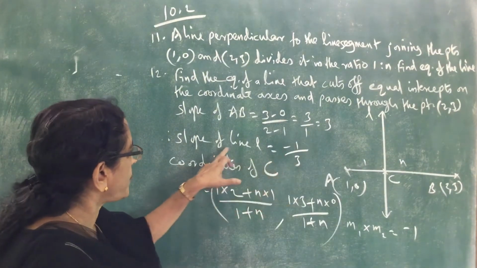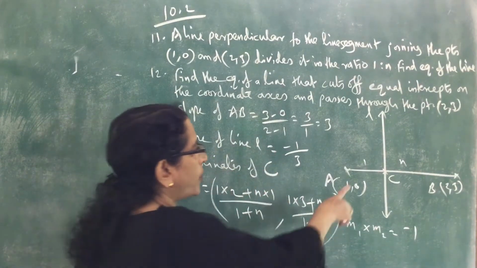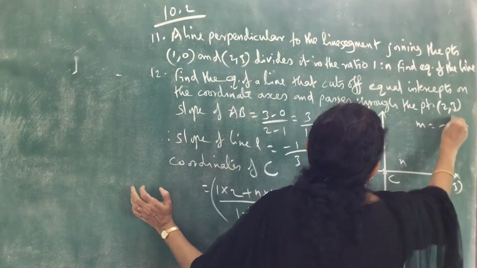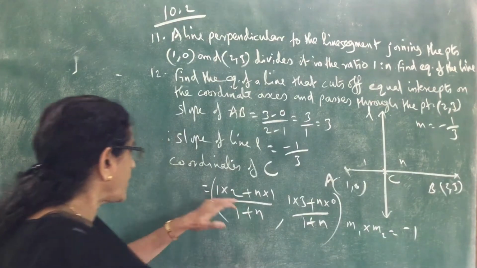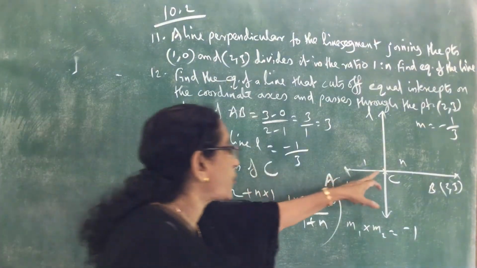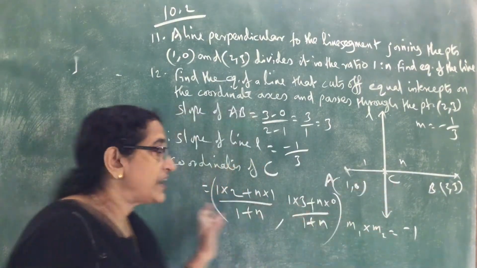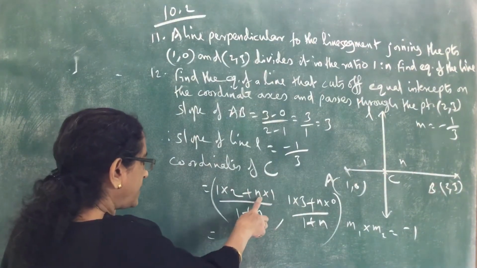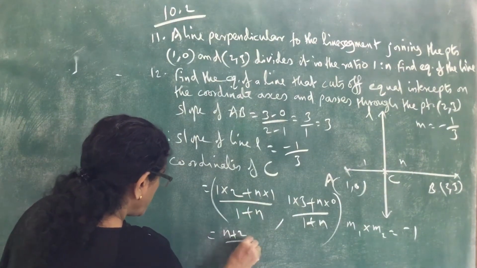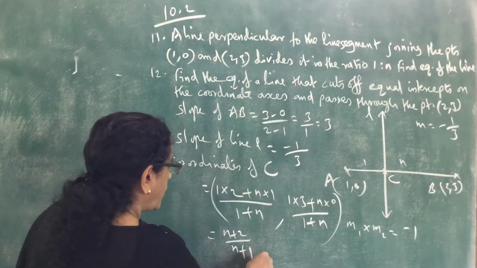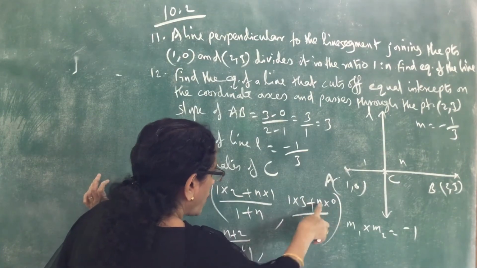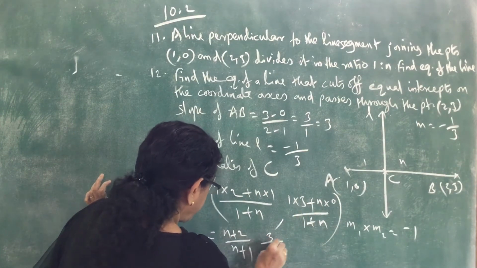So we got the slope of line L as minus 1 by 3. Now the coordinates of the point C: simplifying, the x coordinate is (n plus 2) divided by (n plus 1), comma, the y coordinate is 3 by (n plus 1).